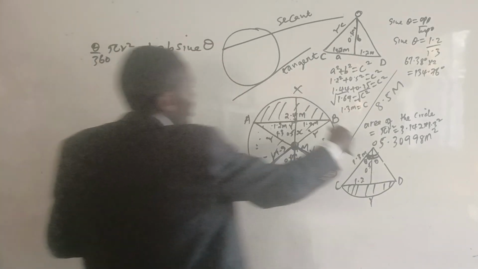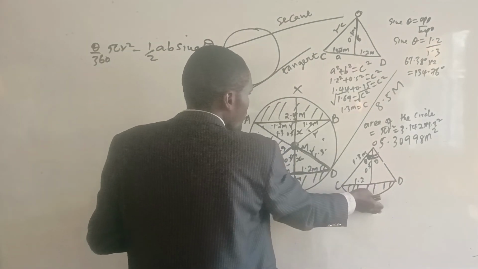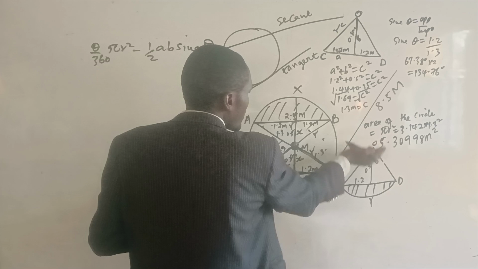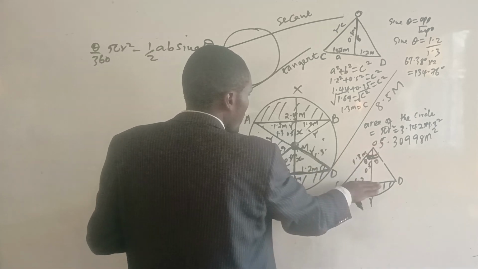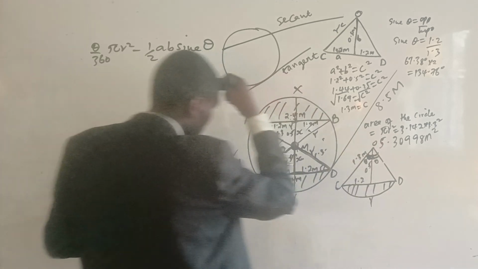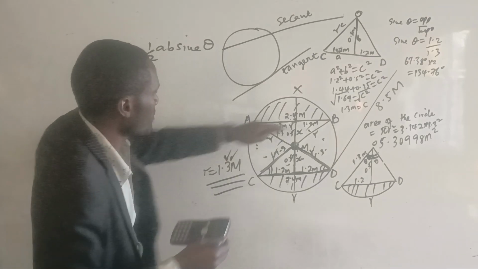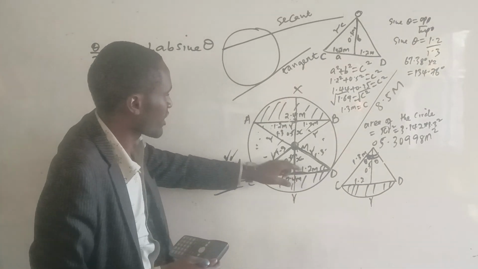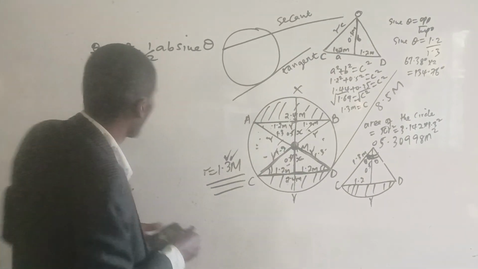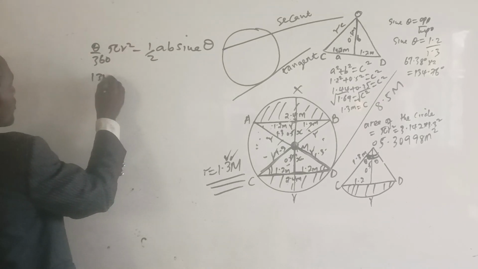That means theta over 360 pi r squared is the area of the whole sector, then a half AB sine theta is the area of the triangular part. We shall be left with the area of this element that was cut off.